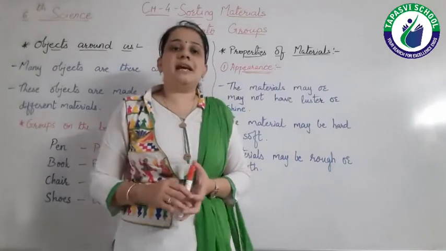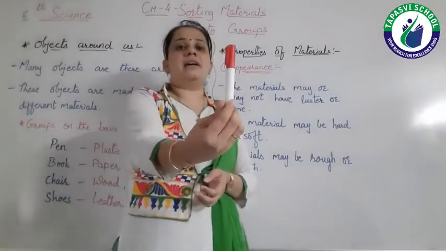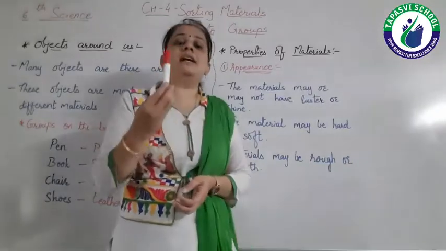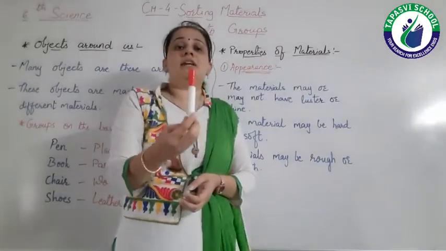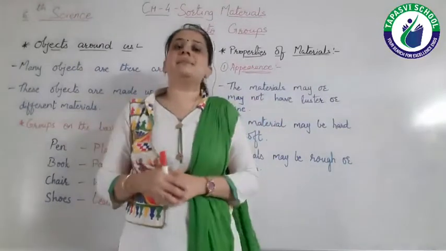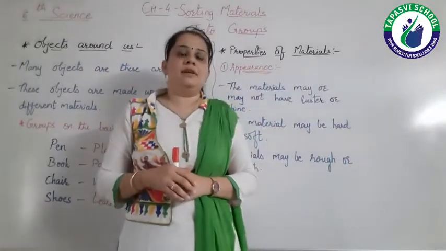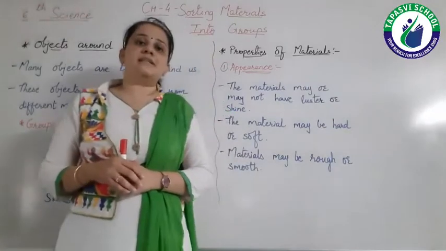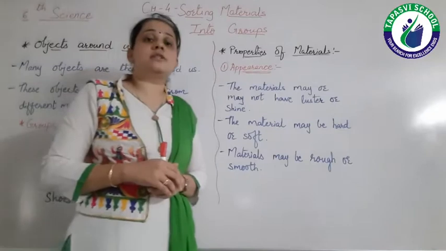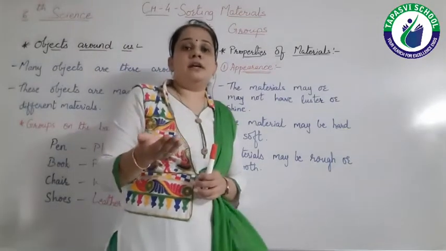We cannot say by seeing the marker that it looks like a chair, right? Because we know that by looking at it, we can say that it is a marker only, or we can say it is a pen, one type of pen, right? So different objects are made up of different materials and their looks are different, right?